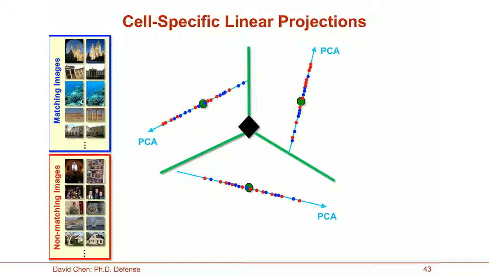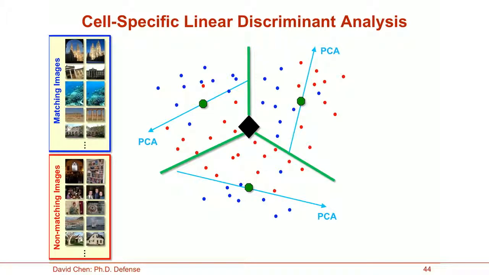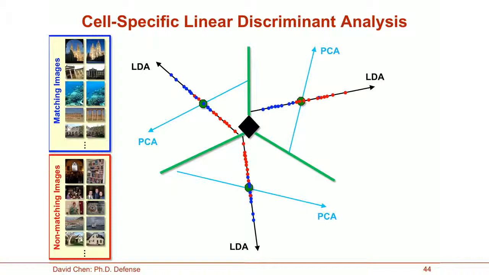However, if we choose this direction, this can lead to the matching and non-matching samples being indistinguishable after projection. Instead, a better choice is to perform a linear discriminant analysis within each cell, which optimally separates the two populations. If we pick this direction, then the two classes are much better separated after the projection.